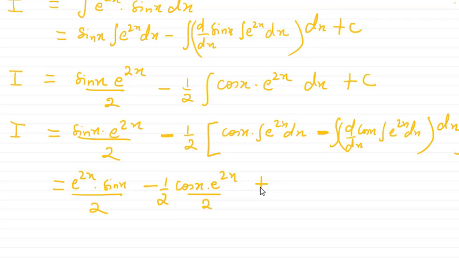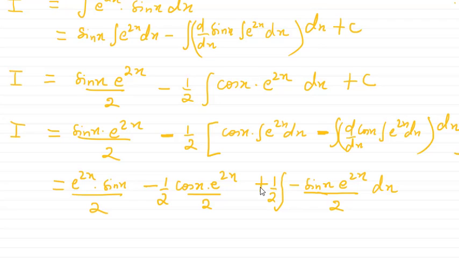So here it will be plus, and then you will get here differentiation of cos x is minus sin x, so it will become minus again, and then into we have here e to the power 2x, so it will be e to the power 2x divided by 2 again, and you have one half from outside, so that half I'm writing here, and then you have to integrate this whole thing, just writing it like this.